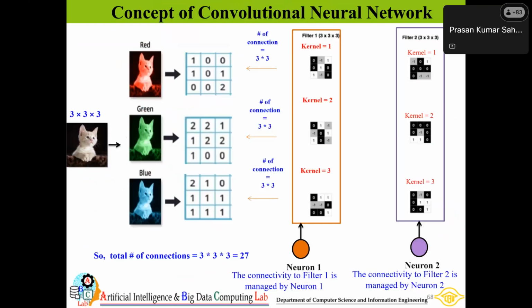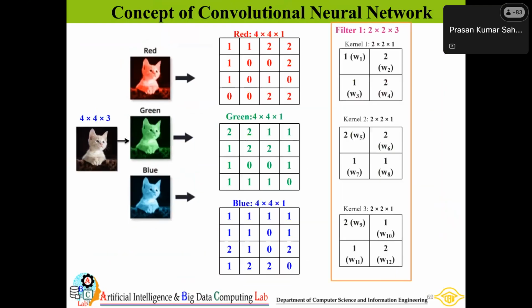So I'm also talking about the concept of this convolutional neural network here. Using the 3 channels, if we have 2 filters, suppose filter 1 and filter 2, since we have 3 channels, we have 3 kernels in each filter, and we can generate 2 neurons because of 2 filters. Then these are operations from the red, the green and the blue.